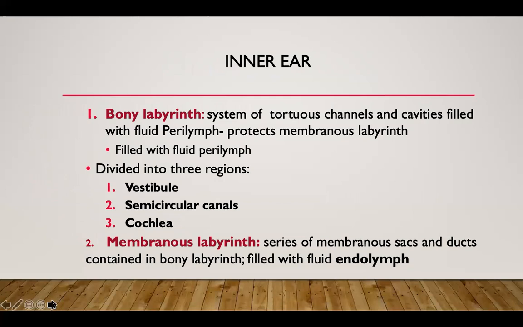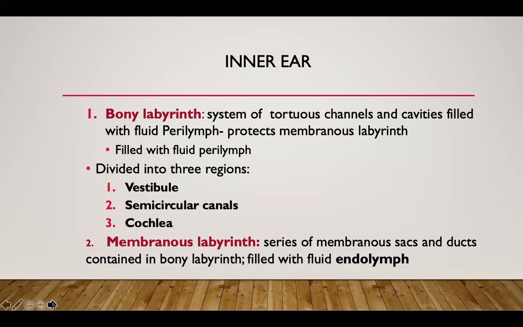Inside this bony labyrinth, which is basically a cavity, you have a specific type of fluid called perilymph. The goal of this fluid is to protect another labyrinth inside of it called the membranous labyrinth. I know, it's complicated. Now, the membranous labyrinth also has a fluid inside of it called endolymph.